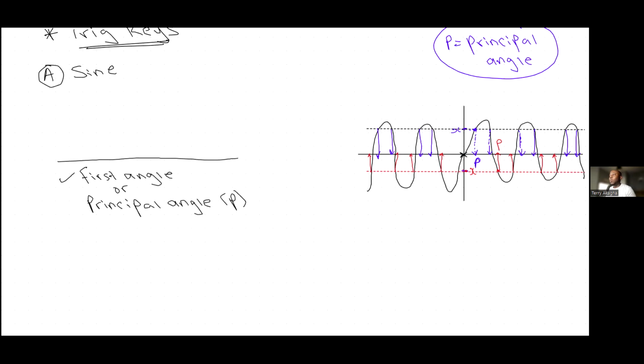So for sine, what you need to do is find what? The sine inverse of theta. The sine inverse of x, or anyhow theta, the angle you're looking at, will give you the principal angle P. In some textbooks, you can see they'll write it as sine inverse of x.